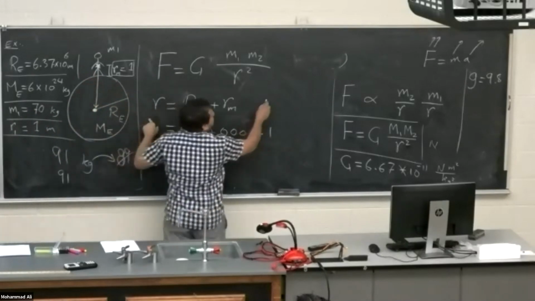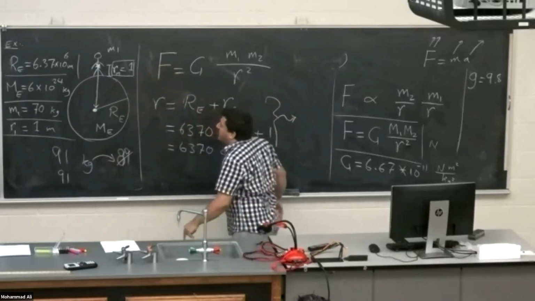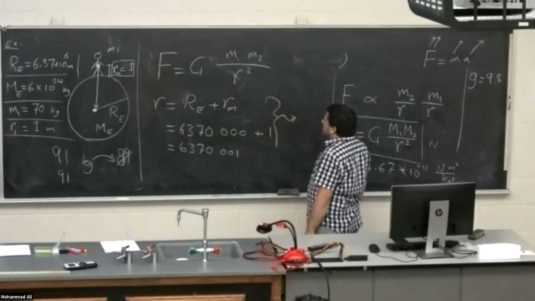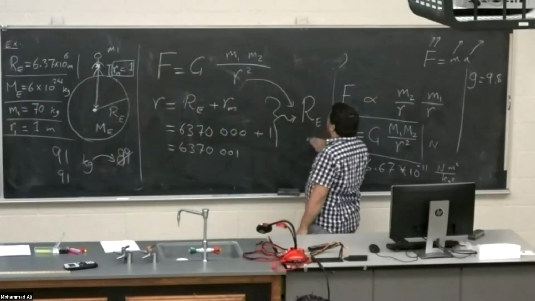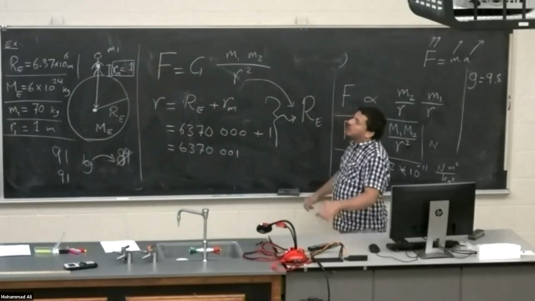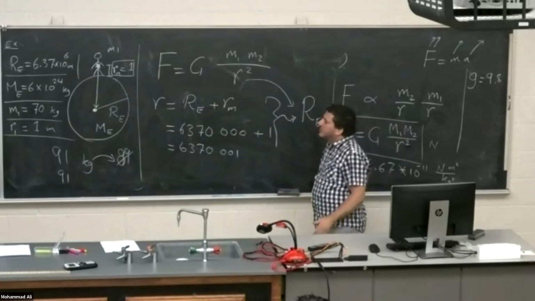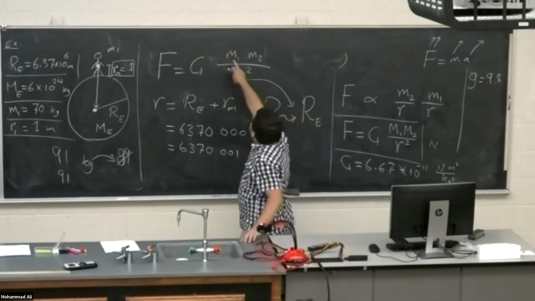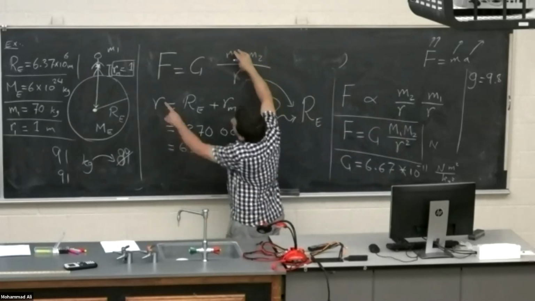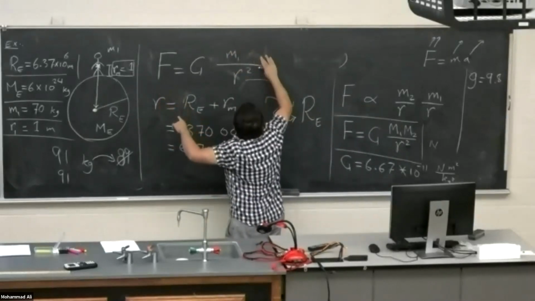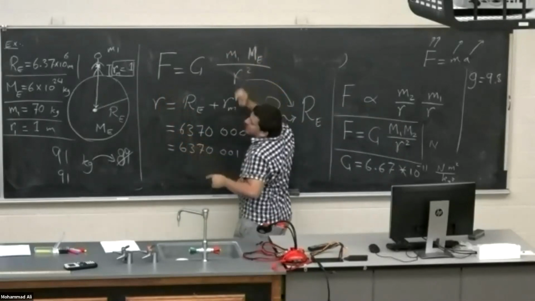So, because they are at the surface of the Earth, R is just the radius of the Earth. But if we are dealing with Earth and the moon, no, we need to consider everything. The mass M1 and the mass of Earth are multiplied together, so it's okay to keep them.